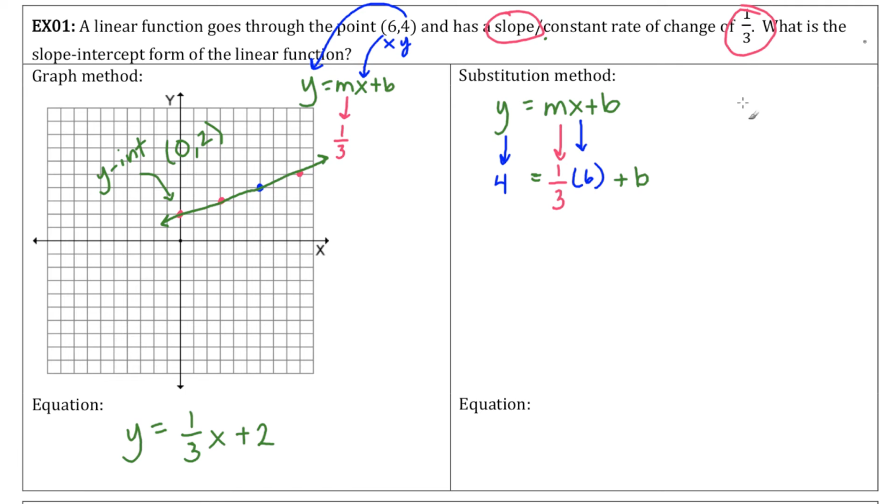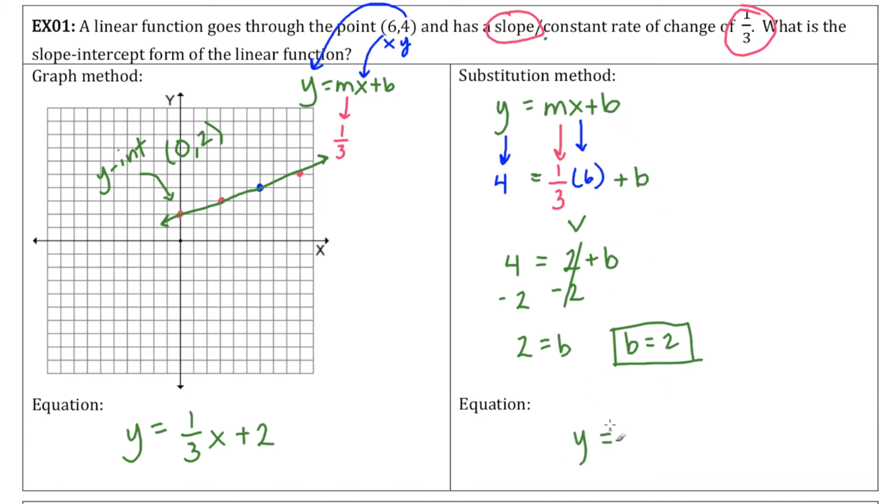So 1/3 times 6. 6 times 1 is 6, divided by 3 is 2. 2 plus b equals 4. I need to find b, so I need to take away 2. And I get 2 equals b, which is just b equals 2. So this is my y-intercept, this is my b. So I should get y equals, and then my slope, 1/3 x plus 2.